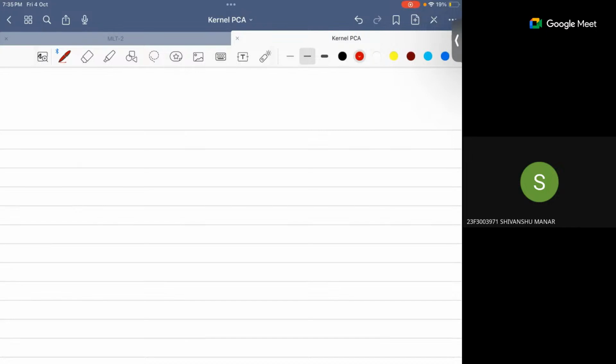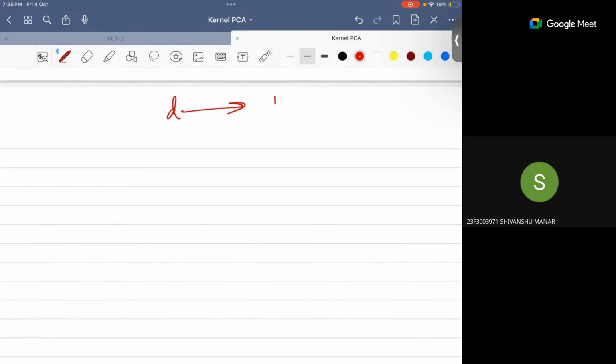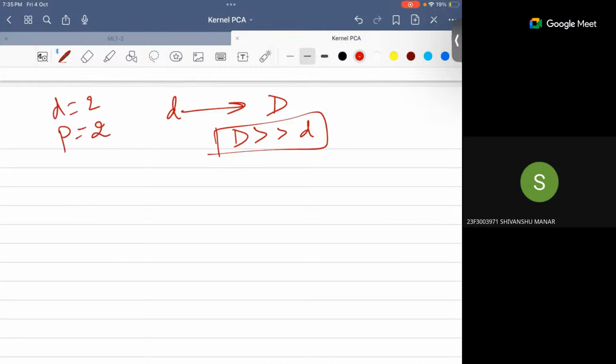I'll just try to write everything. So now we have the polynomial kernel function also, right? What we will do is go from some d to some bigger D, and this D will be much larger as compared to d, because whenever p was equal to 2 and d was 2, it went to 6 dimension, right?